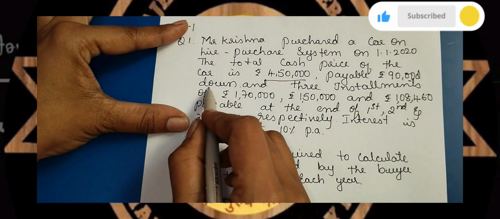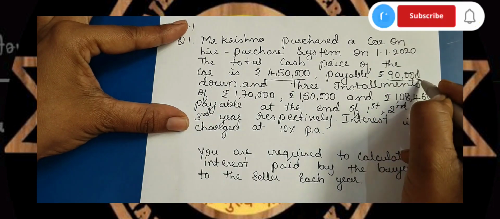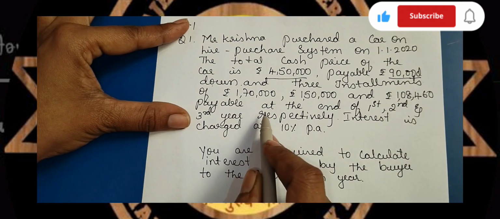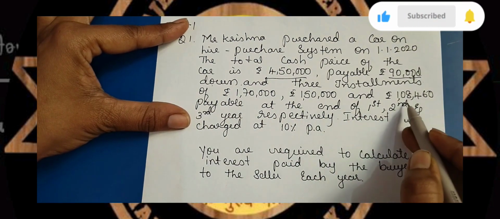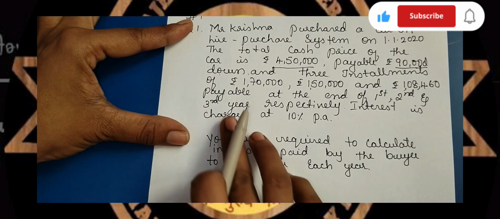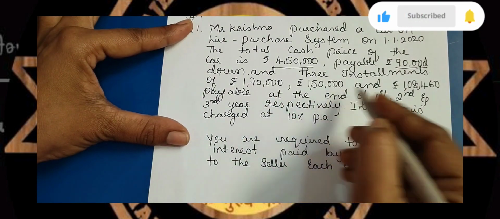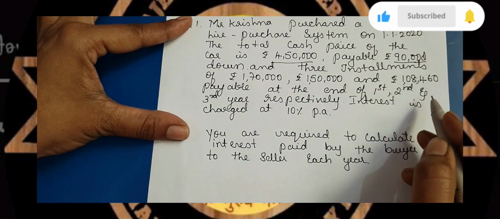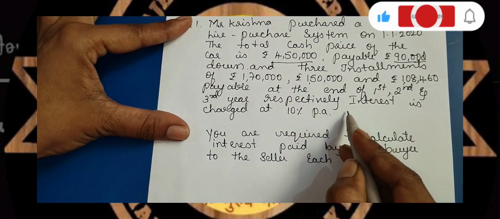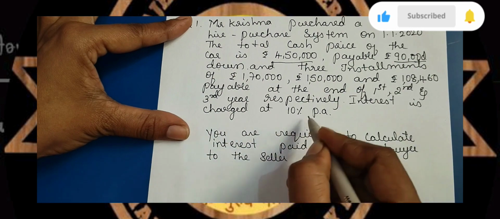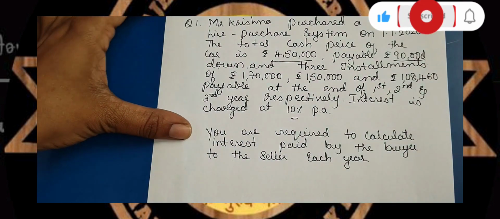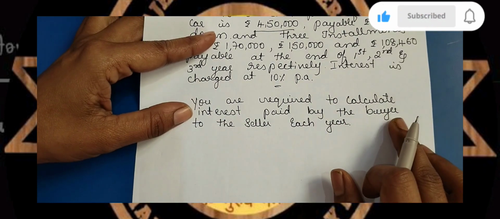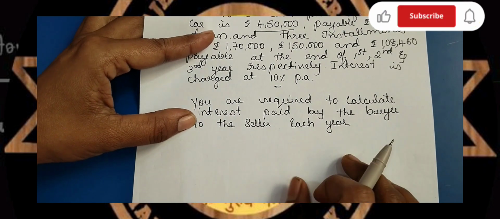Payable 90,000 down, so this is our down payment of 90,000, and three installments of 1,70,000, 1,50,000 and 1,08,460 payable at the end of the first, second and third year respectively. The interest is charged at 10% per annum. Here you need to calculate the interest paid by the buyer to the seller each year.